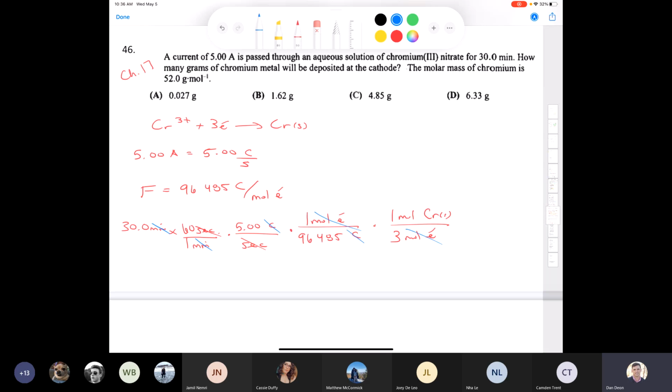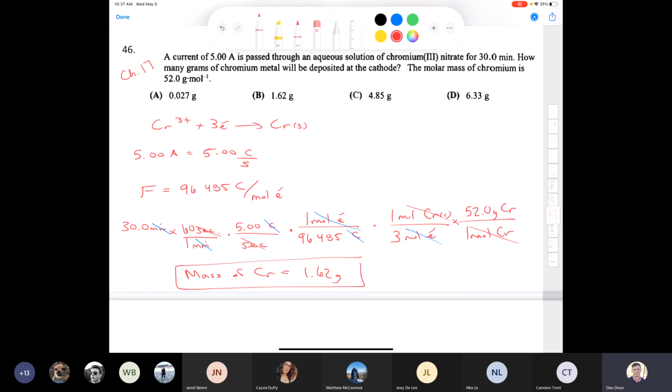Right here, I'd be left over with moles of chromium, but that doesn't answer my question. I need to put in the molar mass of chromium, which is 52.0 grams of chromium in 1 mole of chromium. That cancels. And we end up with the mass of chromium that's deposited as being 1.62 grams.